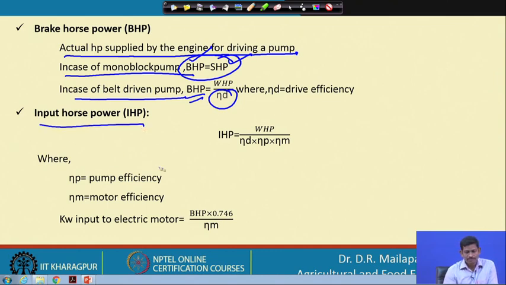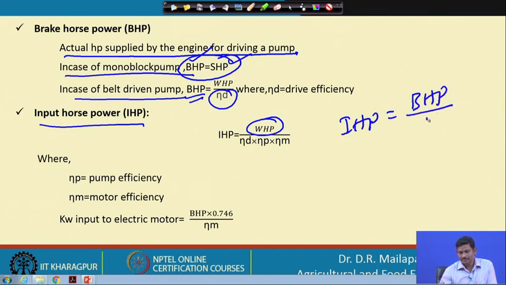And then input horsepower. This is where the electrical energy comes in, where the motor really works. Generally IHP is equal to BHP divided by efficiency of the motor. Okay.